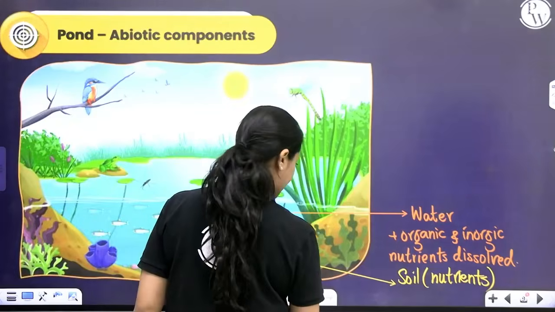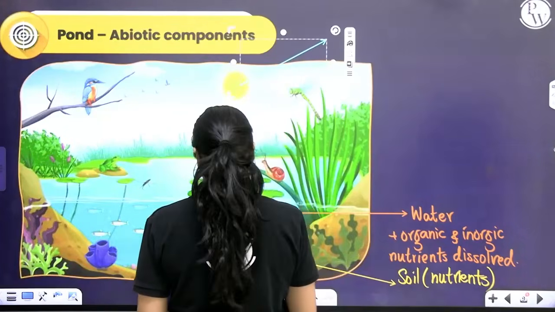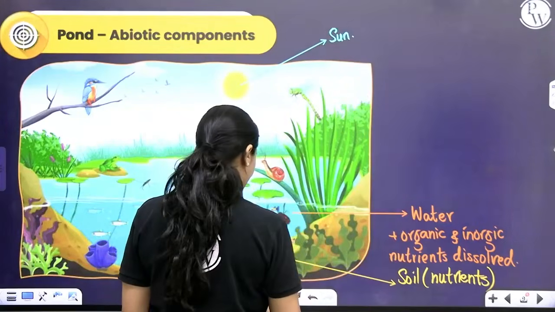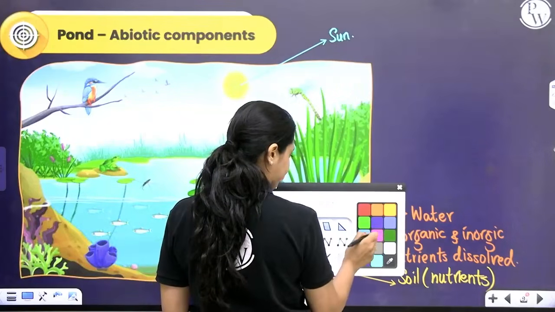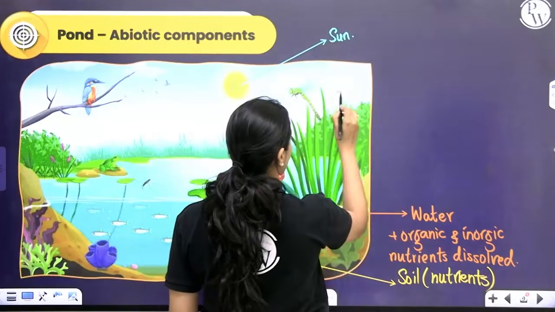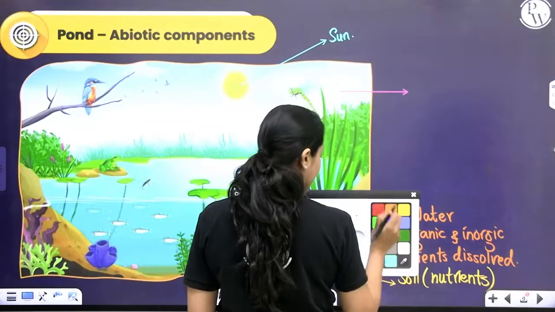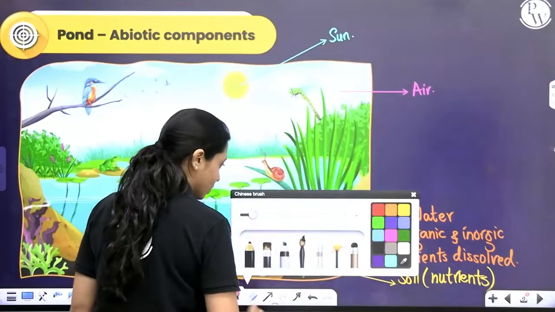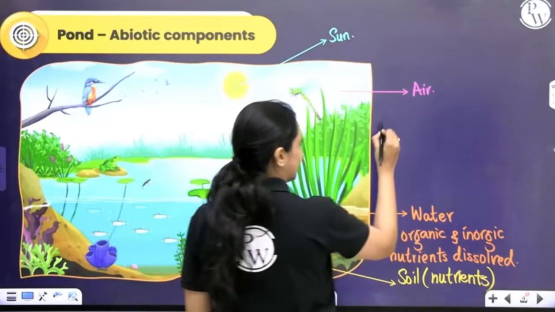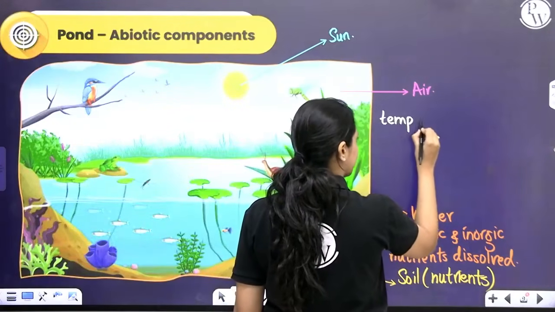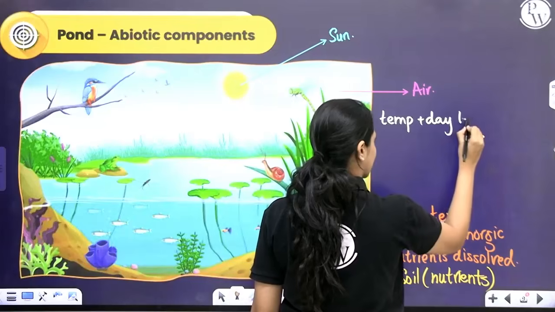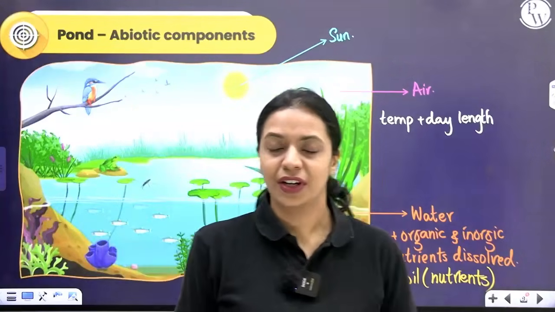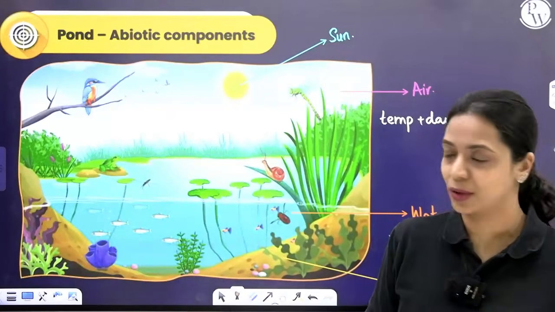We have sun, there is air, and of course also there is variation in temperature, day length, and all of that. So these are the different abiotic components that you can find in a pond ecosystem.